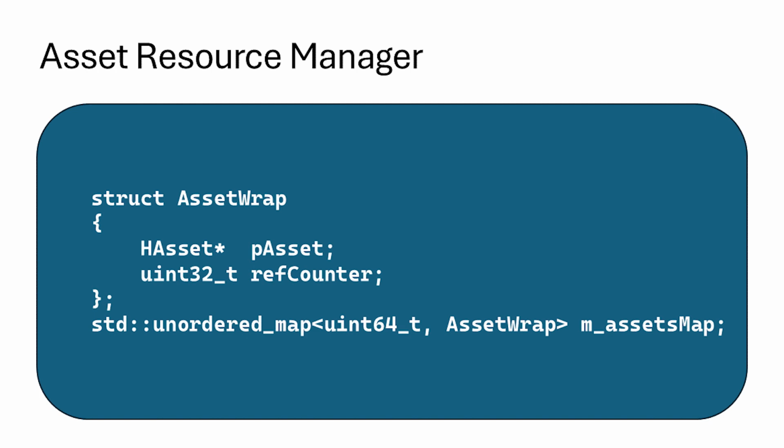The key of the map is a hash. The hash is generated from the asset's path in the project. This asset can be static mesh, material, or texture. The value of it also contains information like the reference counter. If an asset is not referenced by any components in the engine, it will be destroyed.